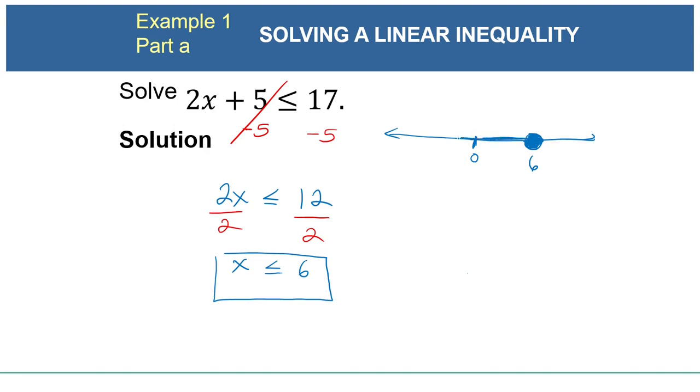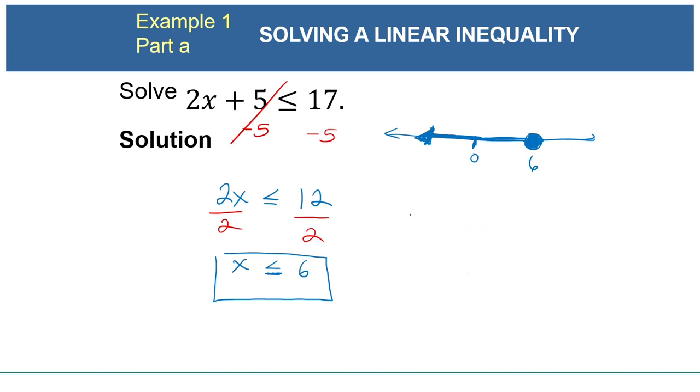So that would be to the left of our number line here. So this is our graph. We have a closed circle because it includes 6. And the arrow points to the left, covering all the values of x less than or equal to 6.